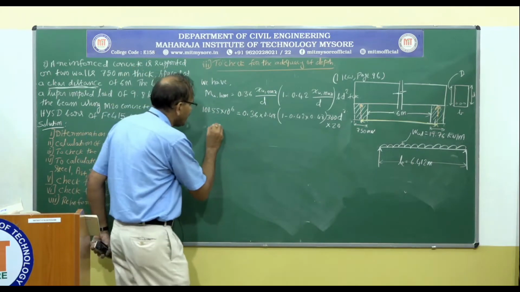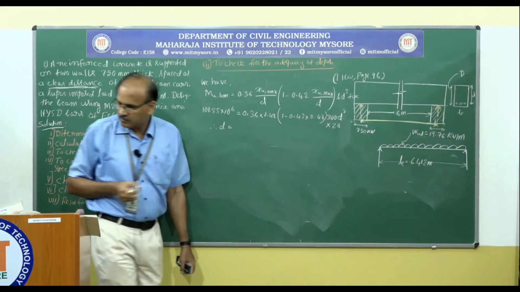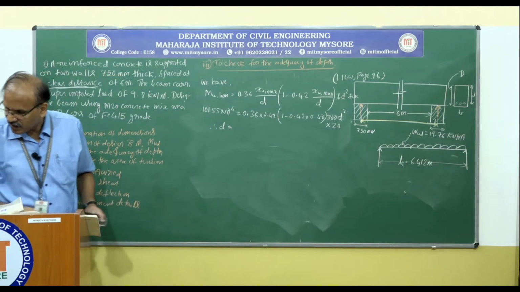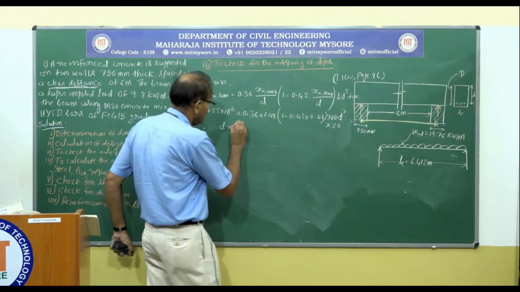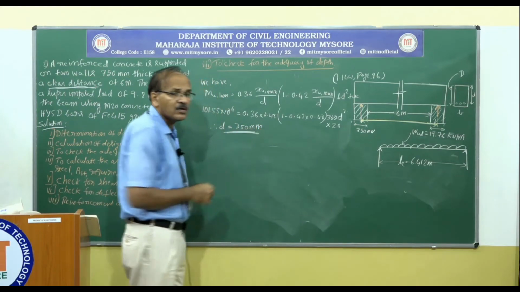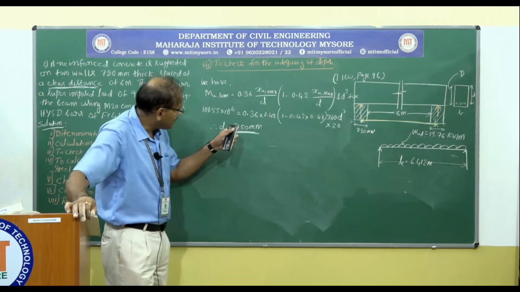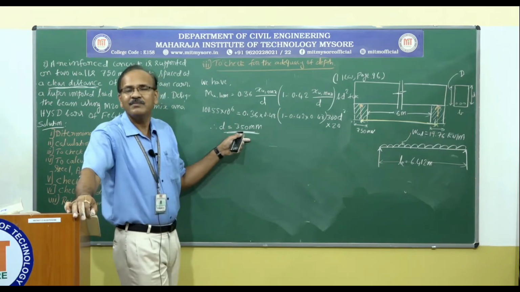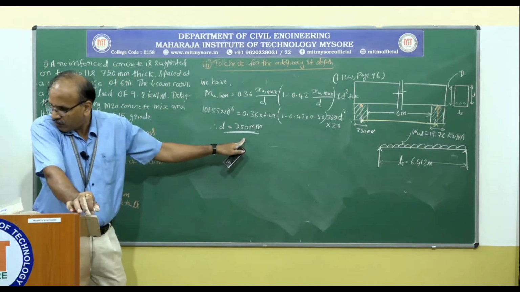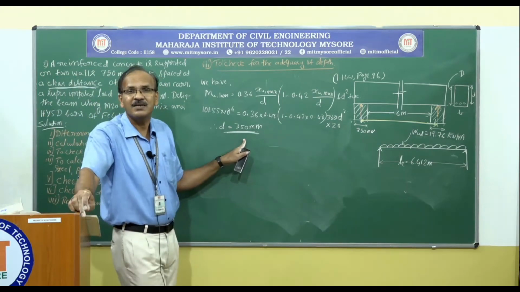So after simplification, we get D equal to 350 millimeter. So that is the depth required, 350 millimeter is the depth required for a balanced section.